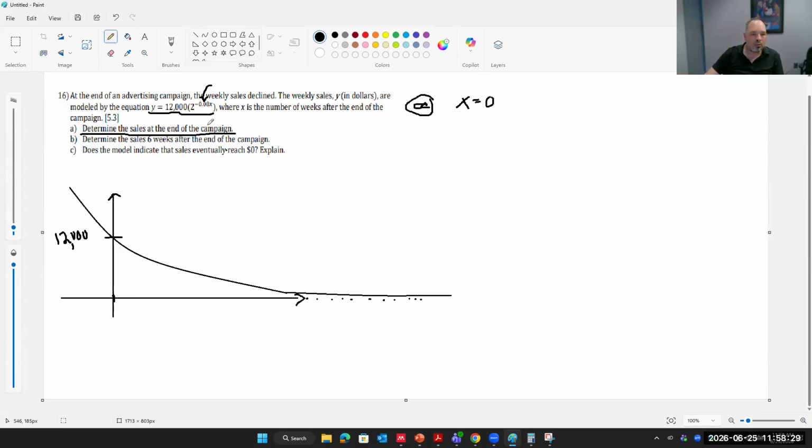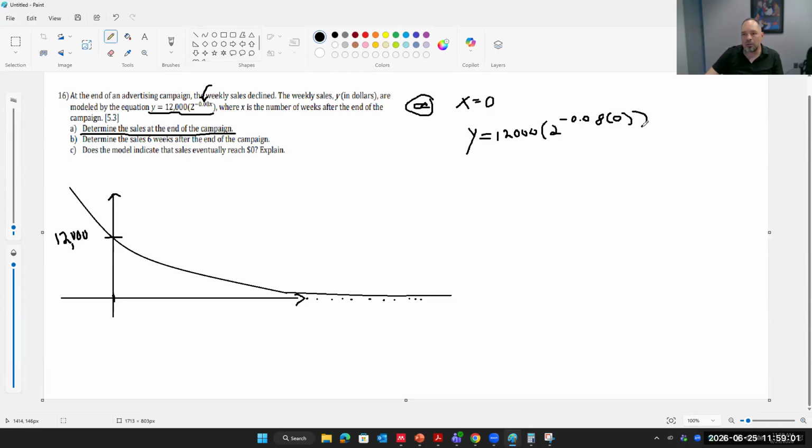Well, when X is 0, the output is 12,000, because this is 0.